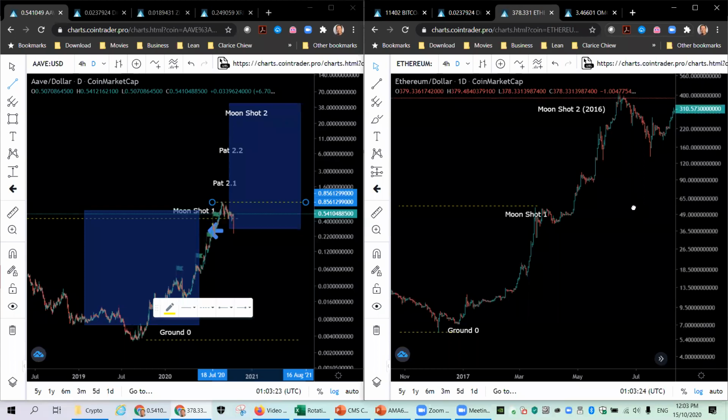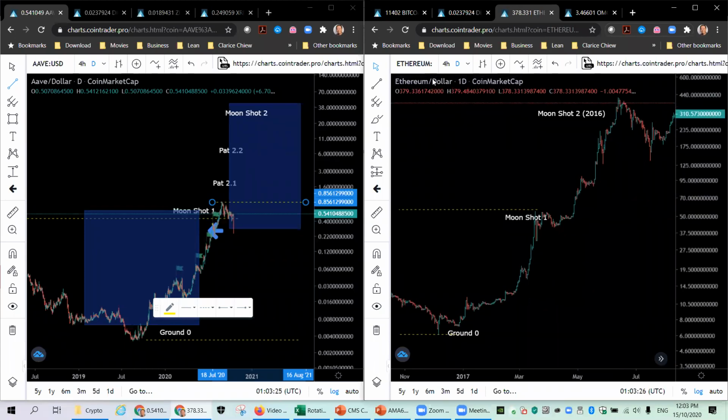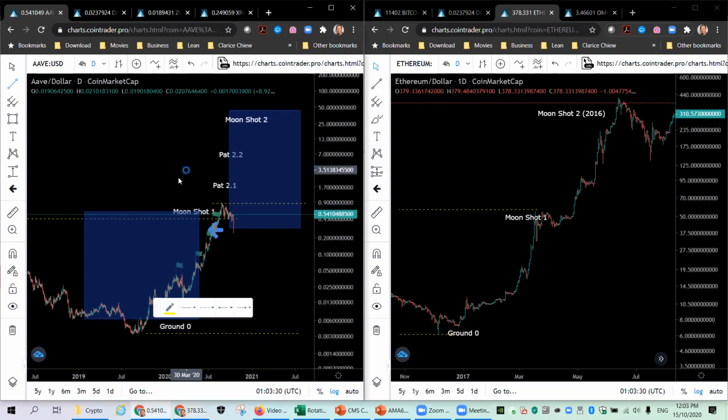Let me try to put this in perspective. If that's the case, do you agree that it can go up to $50? Do you agree, if the scale is close enough?